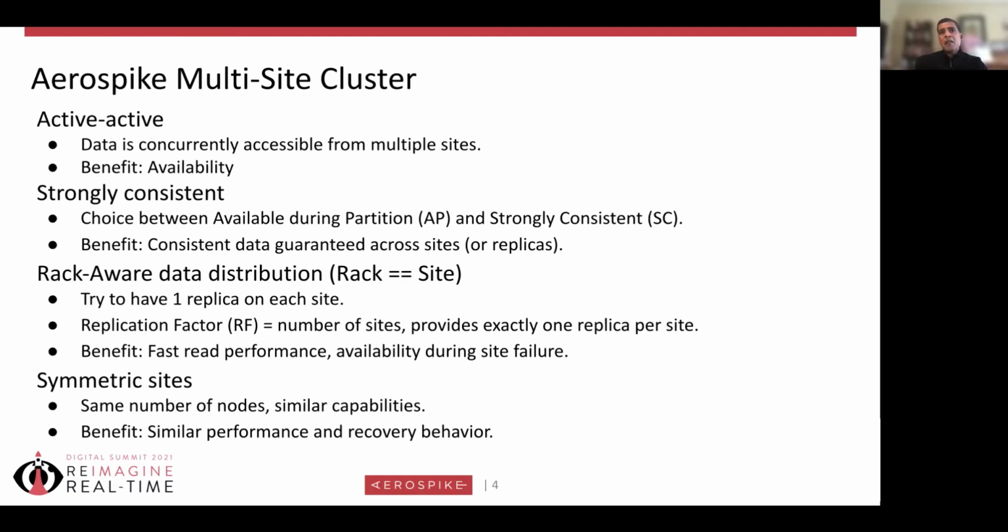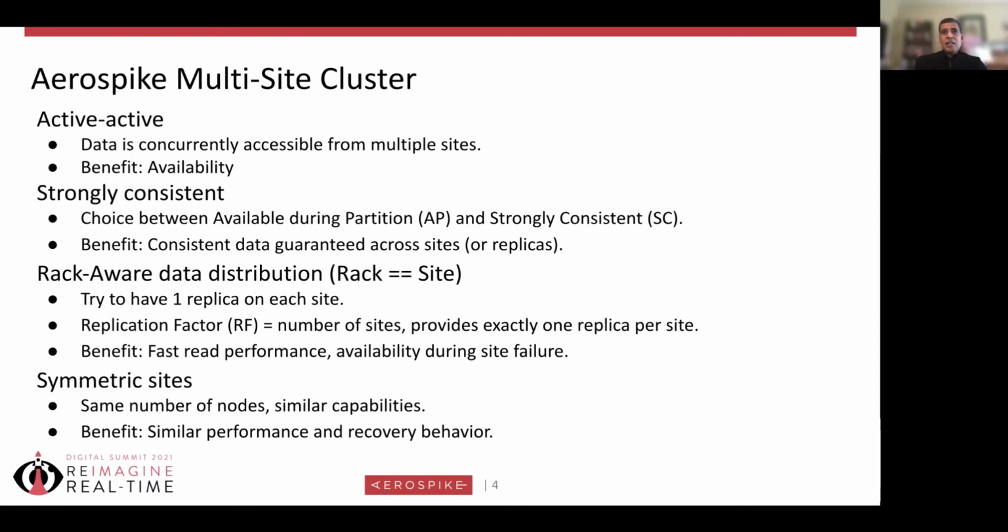And what rack-aware data distribution does is it tries to have one replica on each site. So if you have replication factor of less than number of sites, obviously you cannot have a replica per site. But when you have a replication factor equal to number of sites, it provides exactly one replica per site.